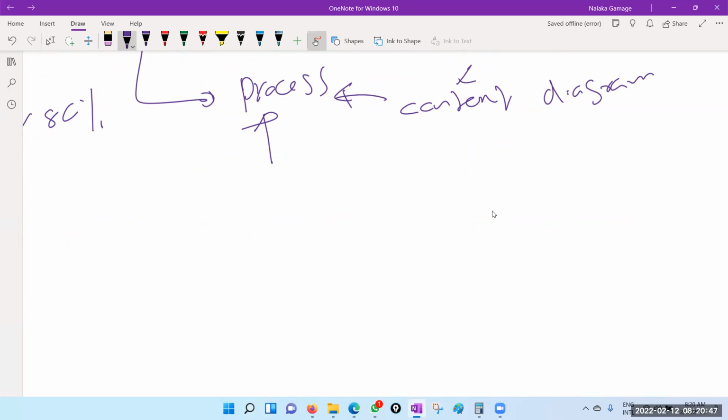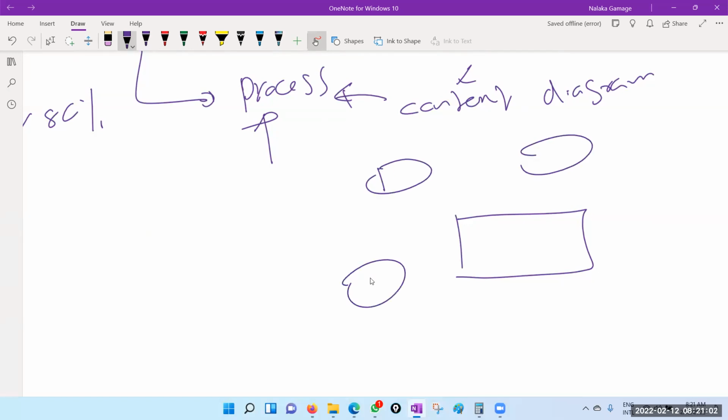So a context diagram is where you look at your system as a black box. You don't look at what is happening inside your system. Then you look at the external entities and how they interact with your system. That's all. So that is what is meant by the big picture. You don't go into the detail.